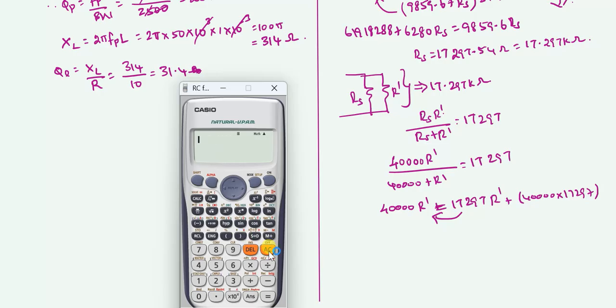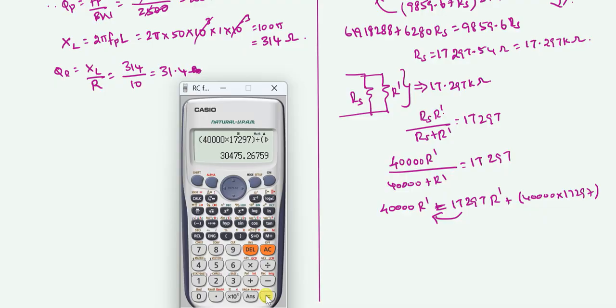So R dash is equal to 40,000 into 17297 divided by 40,000 minus 17297.